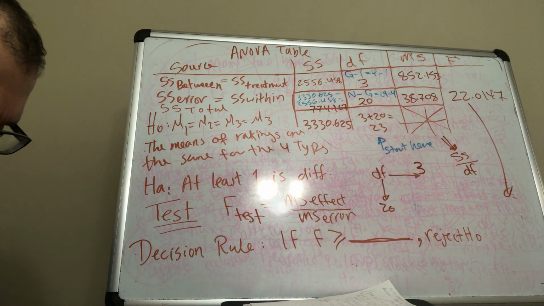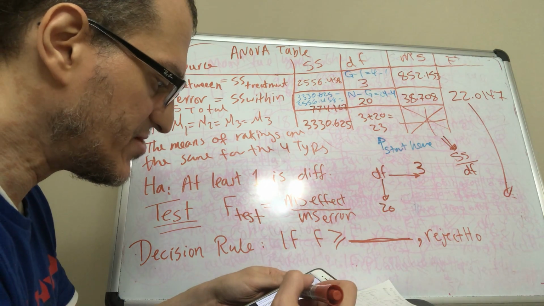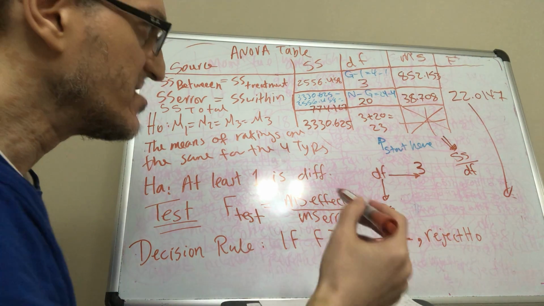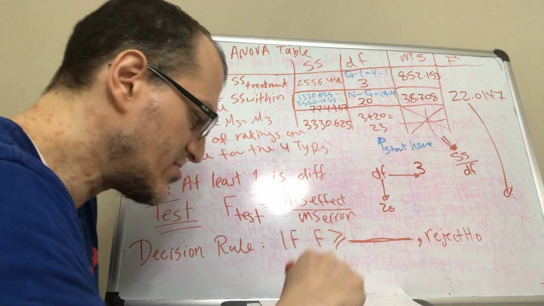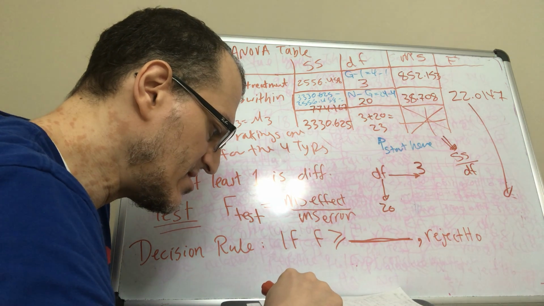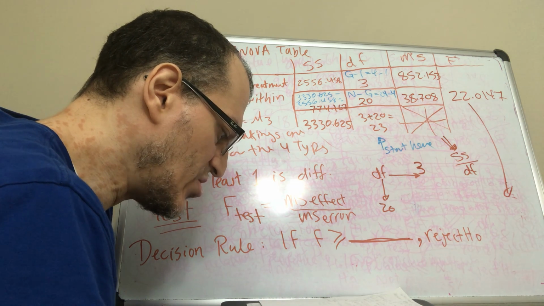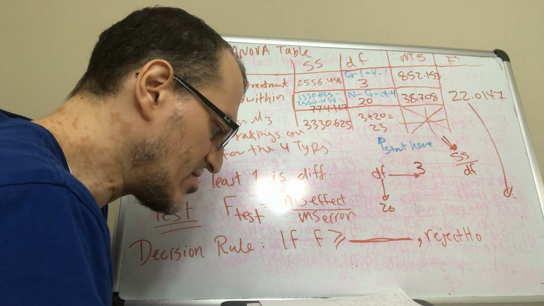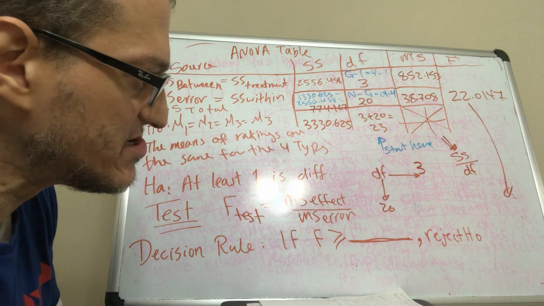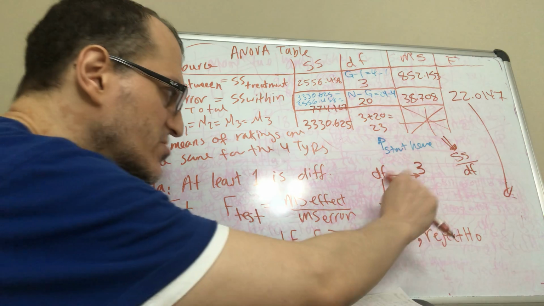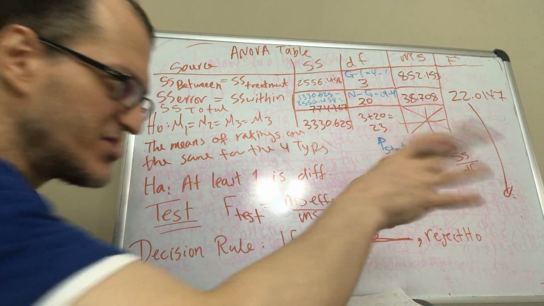If you go to the common area between 3 and 20, so 3 this way, 20 down, I have this number, 4.93. I don't believe that's true, and I don't have the table that she's using. I think that the number, when you look it up, would be around 3.